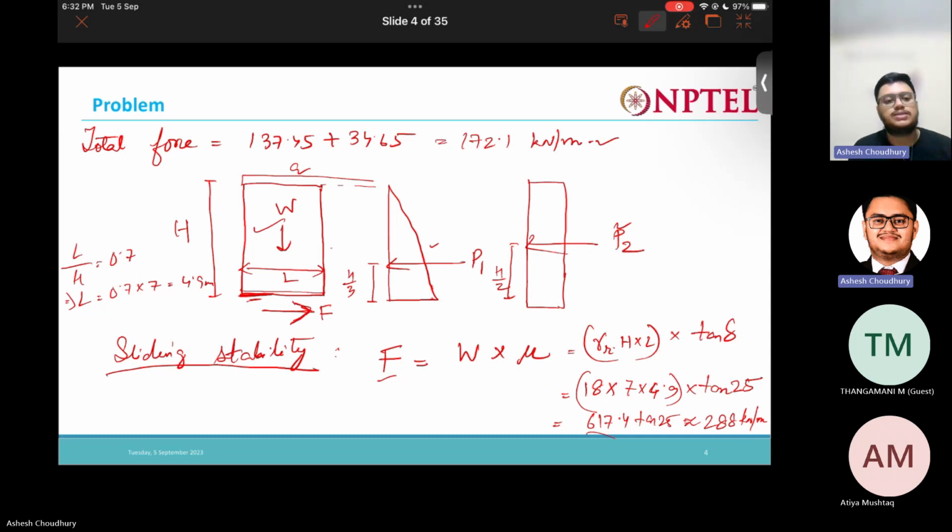We are not doing seismic calculations. But while we design in the field, it is more complicated. There are a large number of forces that we have to consider, and we have to follow the code provisions mentioned in the book.